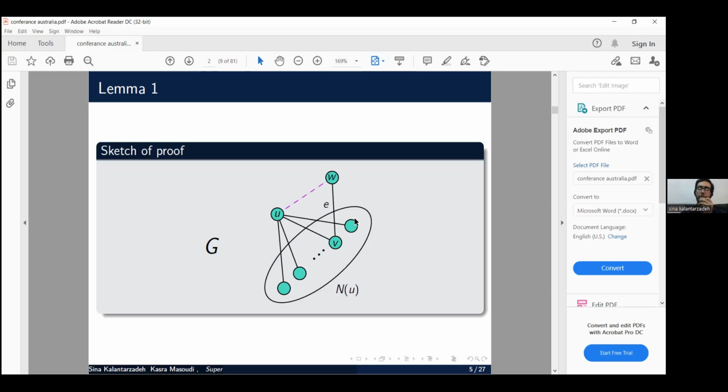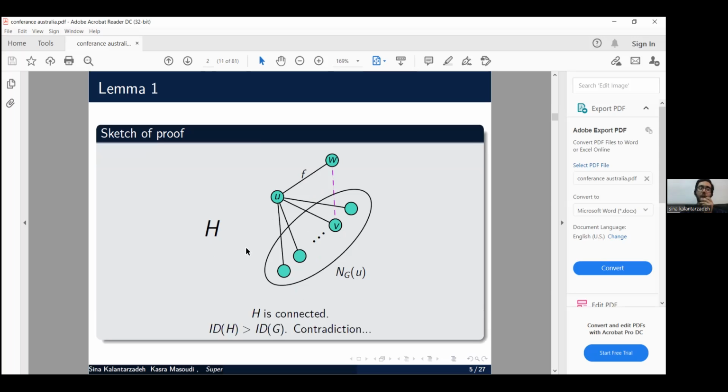So we delete edge E and add the other edge F to obtain the new graph H, which you can see remains connected. Why? Because any path that used E before can use F and edge UV instead.